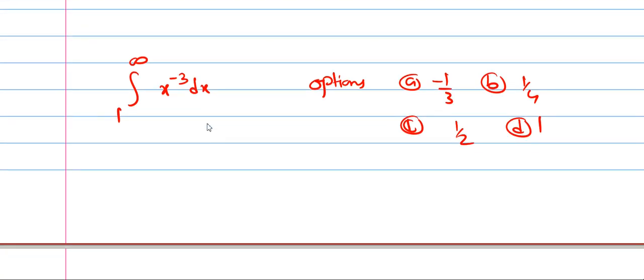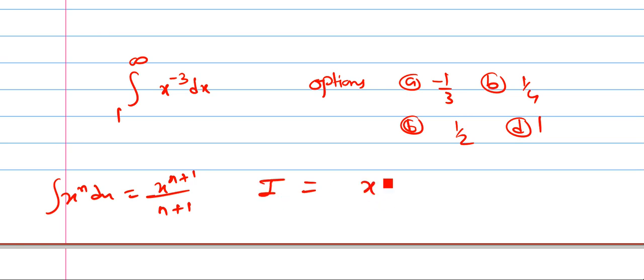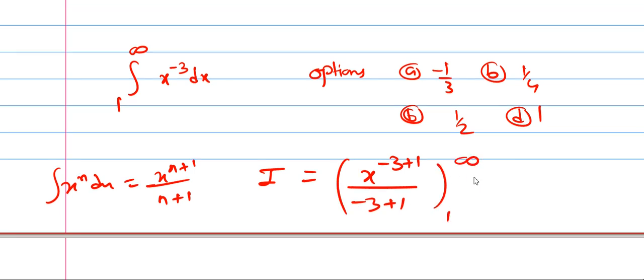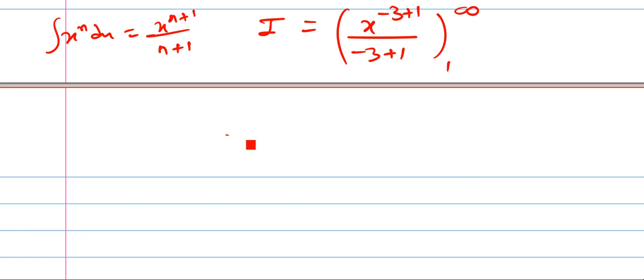Now let's look at one more question. Again, as one of the limits is infinity, it is an improper integral. There are 4 options available for this question. So let's try to use this formula. Integration x raised to n dx is x raised to n plus 1 upon n plus 1. So this becomes x raised to power minus 3 plus 1 upon minus 3 plus 1. Limits are 1 to infinity. So this is nothing but x raised to minus 2 upon minus 2.